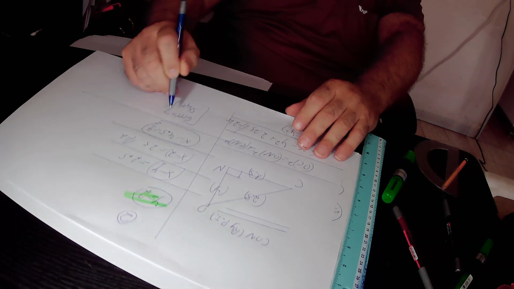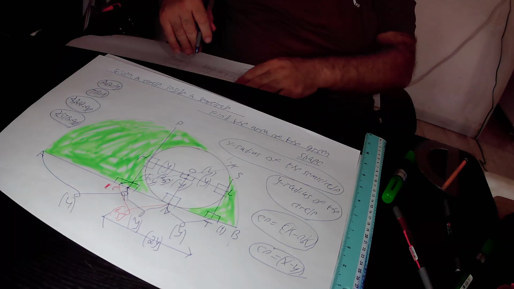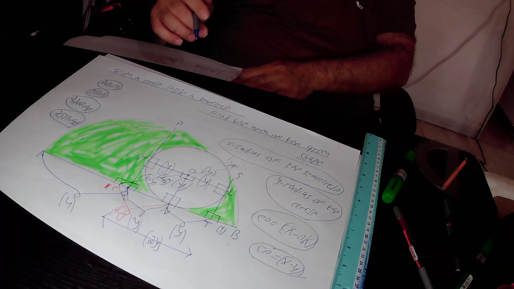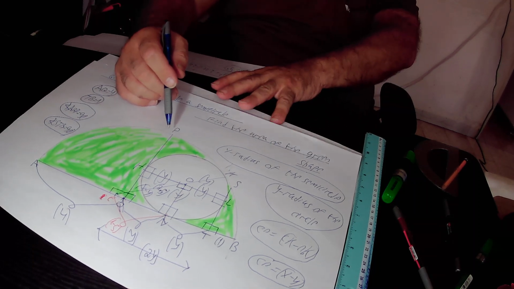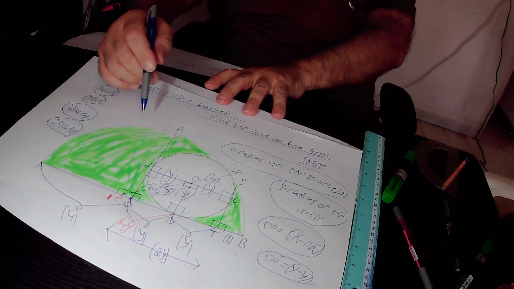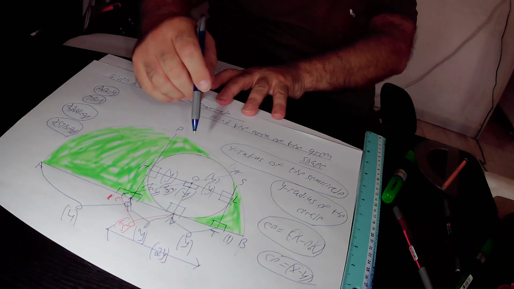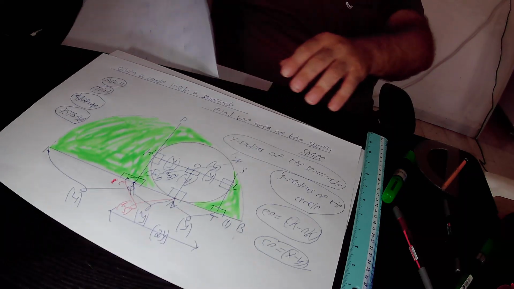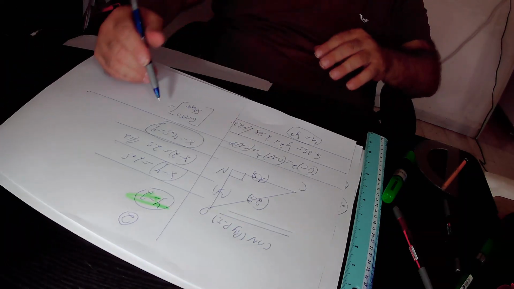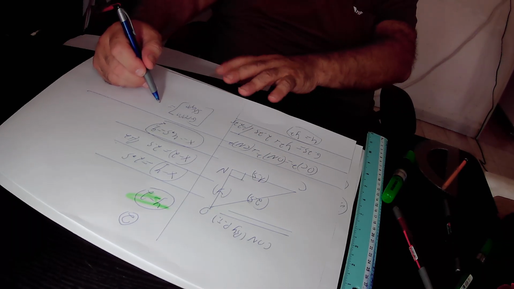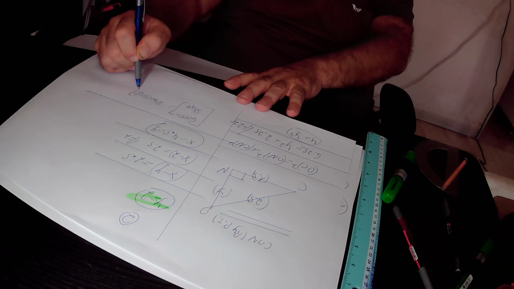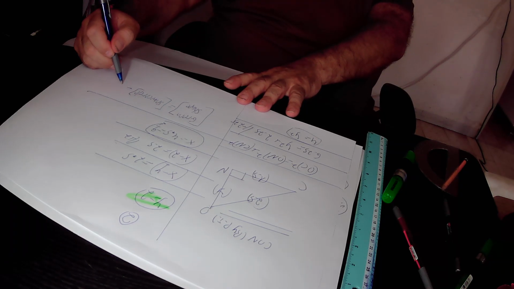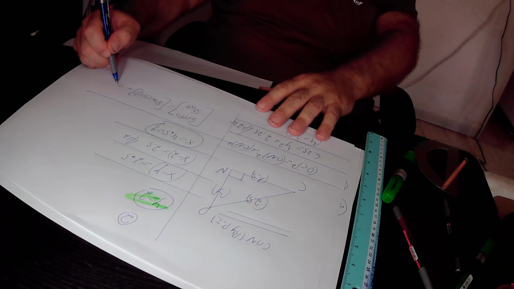From the drawing it is very easy to see that the area of the grand shape equals the area of the big semicircle minus the area of the small circle. So write it down: the area of the grand shape in total equals the area of the big semicircle minus the area of the small circle.